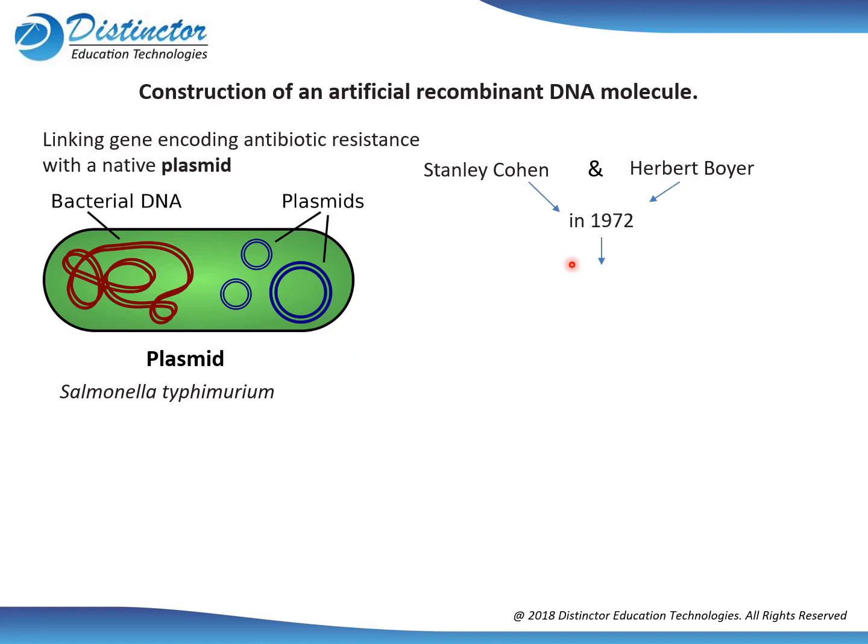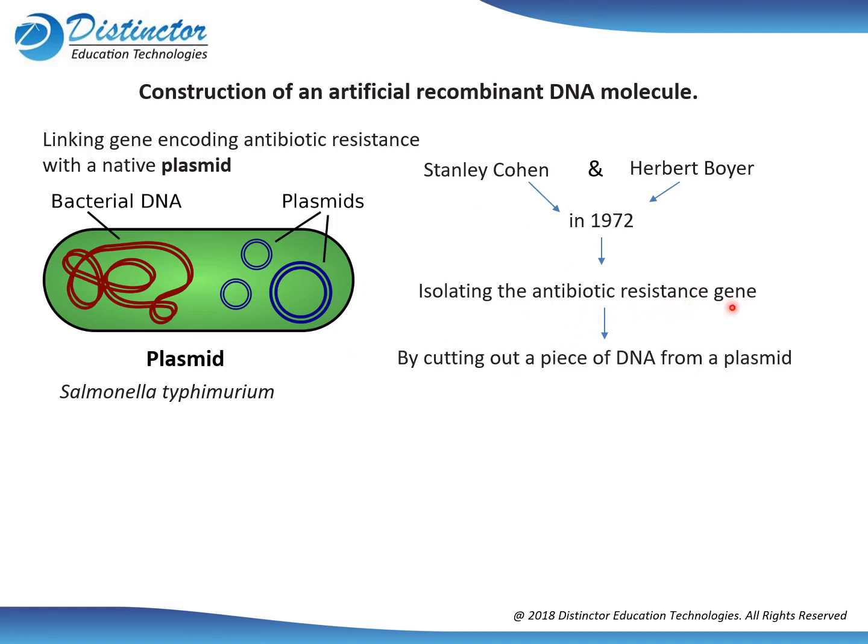So Stanley and Herbert, in 1972, isolated the antibiotic resistant gene from another organism. They found that some other bacteria have an antibiotic resistant gene, and this gene is seen inside a plasmid. So they tried to cut the plasmid and isolate the antibiotic resistant gene. This plasmid is responsible for antibiotic resistance in that bacteria.